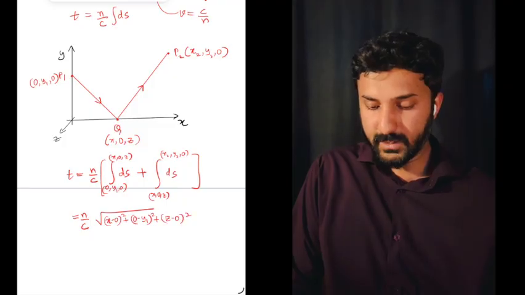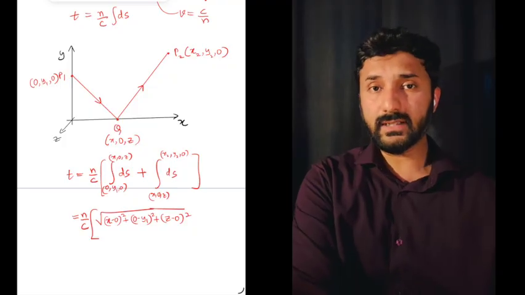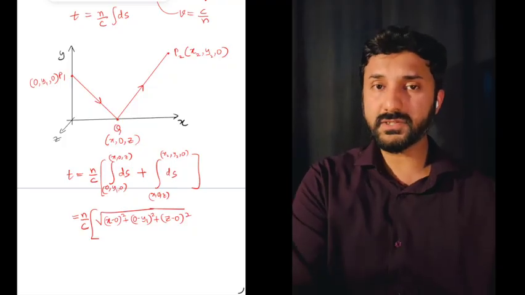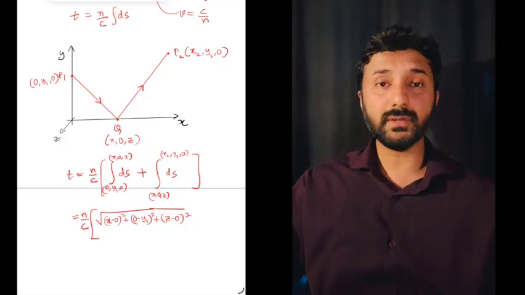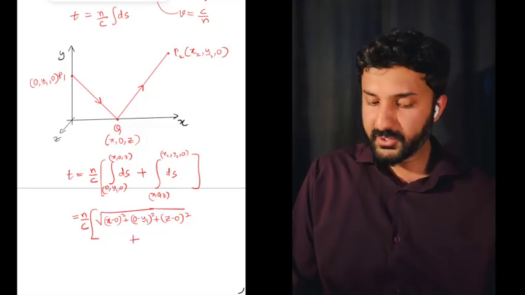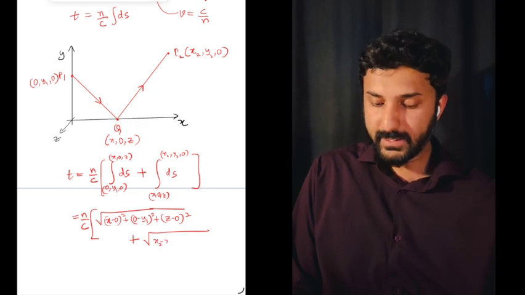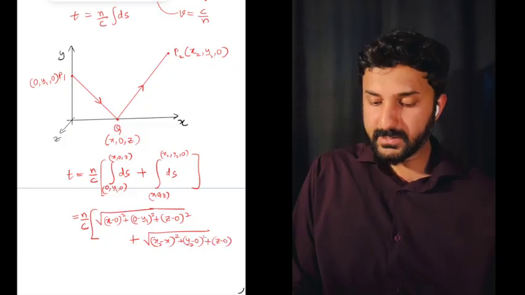And I'm just directly using the distance formula, knowing that this is a straight line, and this integral ultimately will give us the total distance between the 2 points P1 and Q. Similarly, for the second integral, it's going to be again the distance, but this time it's going to be (x2 minus x) squared, (y2 minus 0) squared, and (z minus 0) squared.